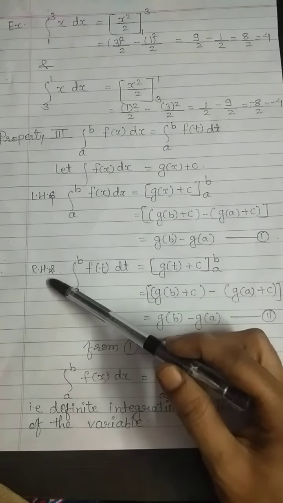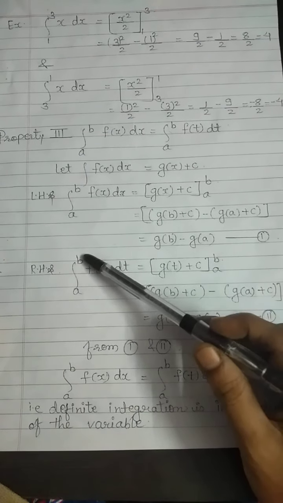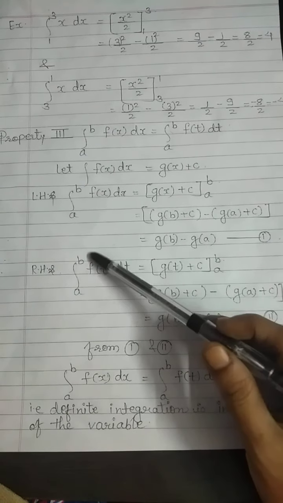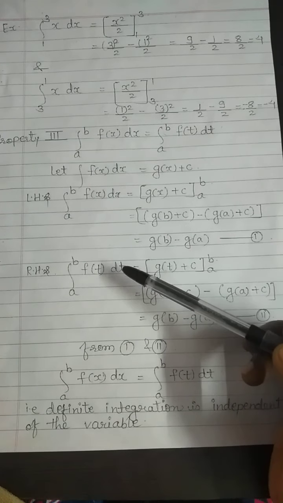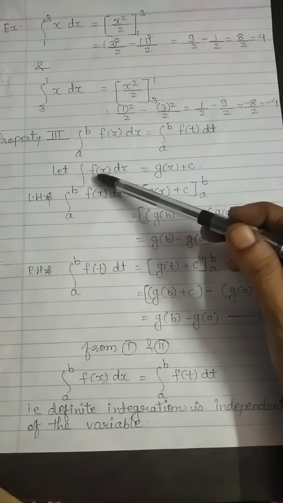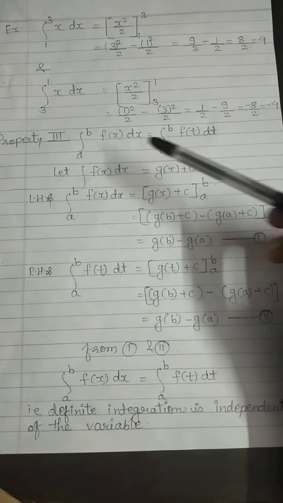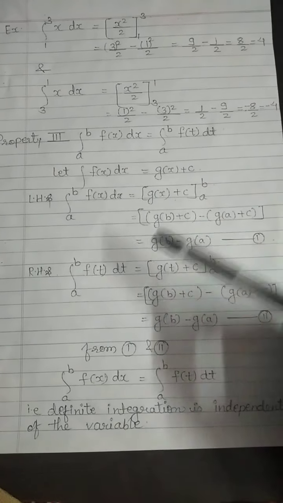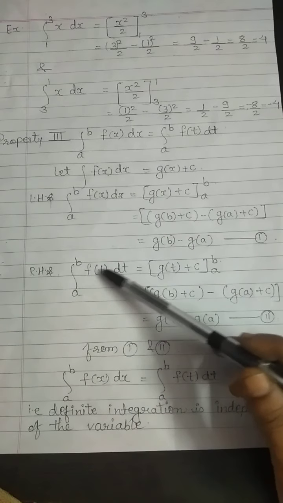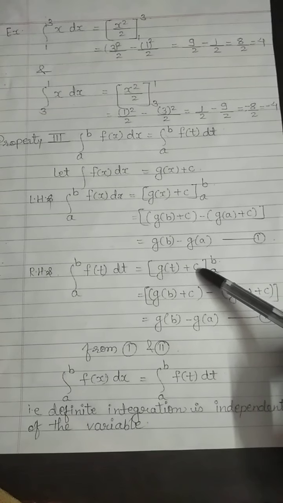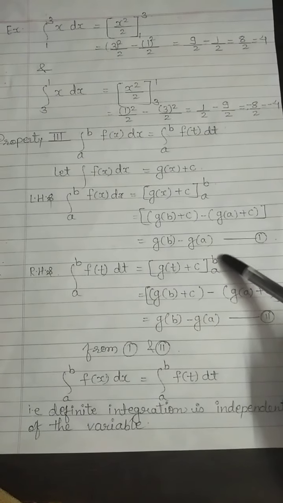Now we consider RHS. Now in RHS we have integral a to b f of t dt. Now as we have considered integration of f of x dx as g of x plus c, here we will write the integration of f of t as g of t plus c, and lower limit a, upper limit b.